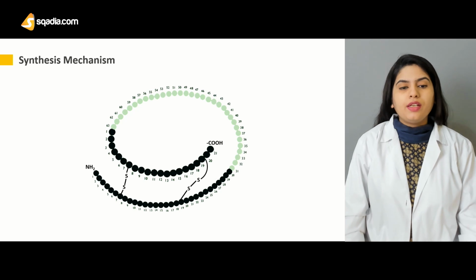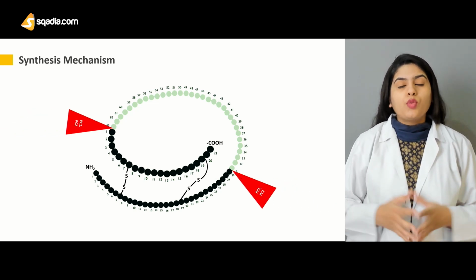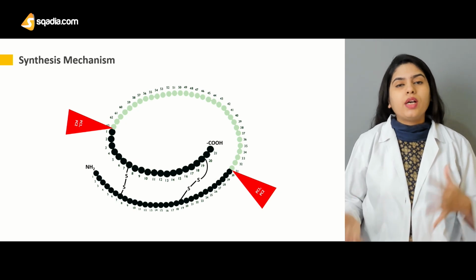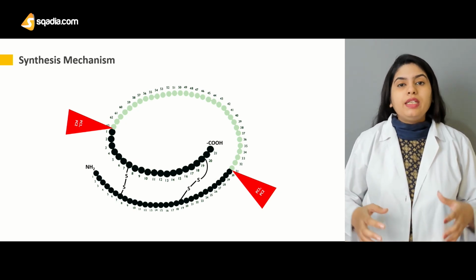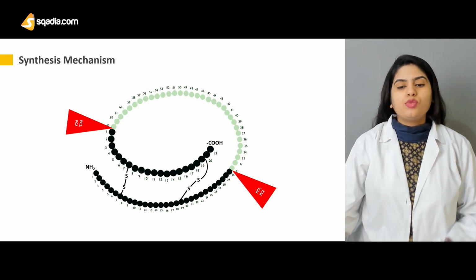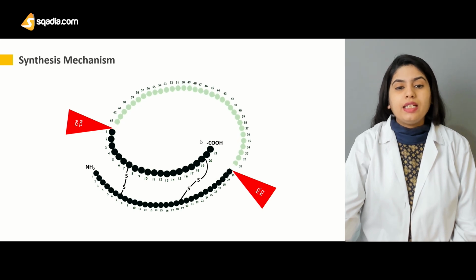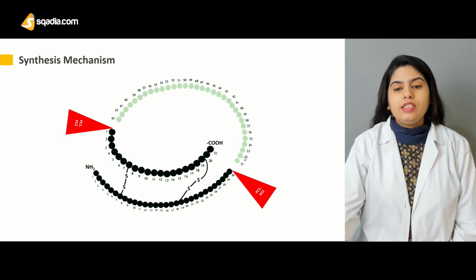The enzymes involved here are the prohormone convertases, PC1 and PC2. They attach at the site where the C chain is attached to the A and B chains, and then they cause the cleavage of the C chain from the B chain and the A chain.